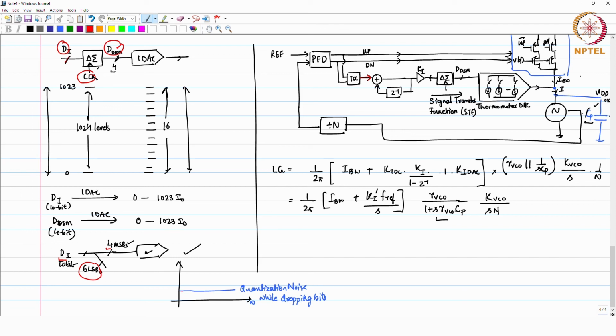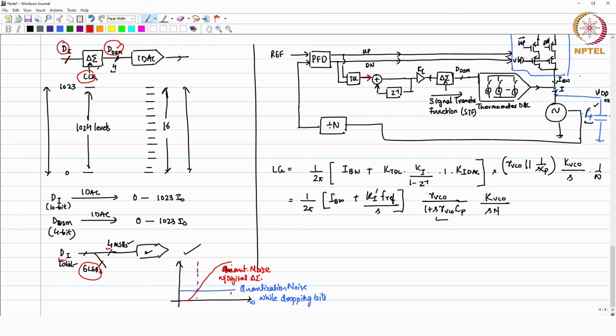when you are doing the quantization using digital delta sigma, it is going to be something kind of this. It is called noise shaped. So, within a certain band, which happens to be the bandwidth of the PLL, the noise is much lesser. Okay. So, this is your quantization noise with digital delta sigma.